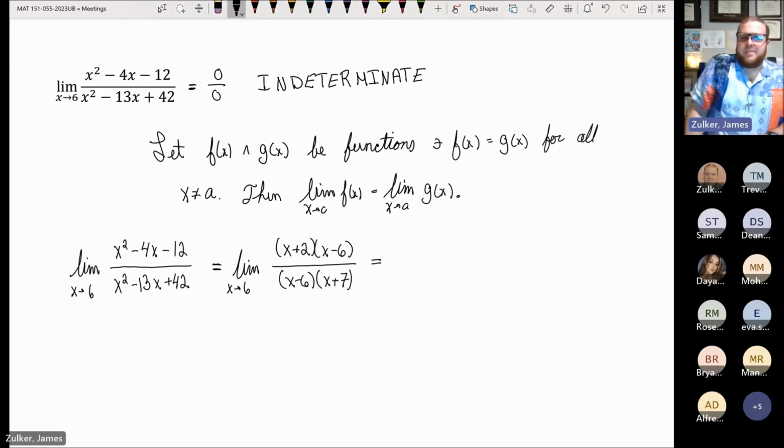Since for our limit we are approaching 6, that means we will never actually hit the point 6, right? So we can cancel them out.